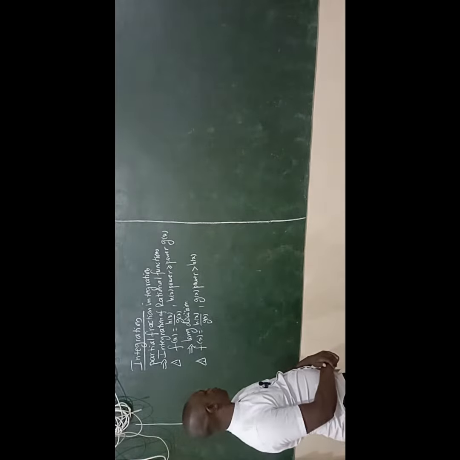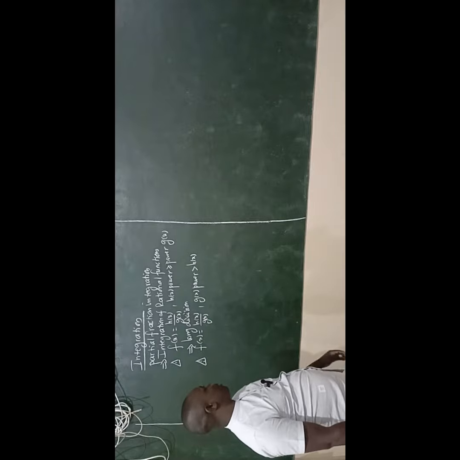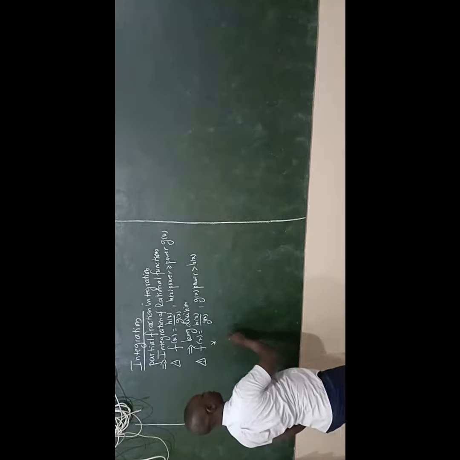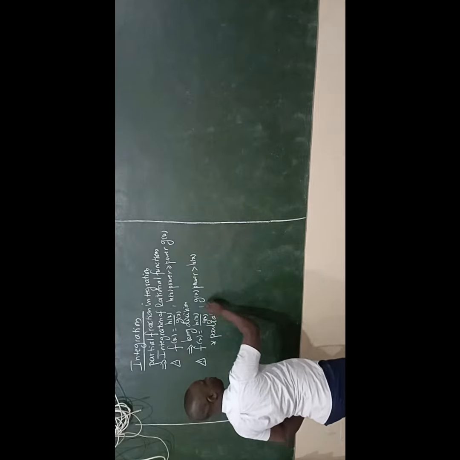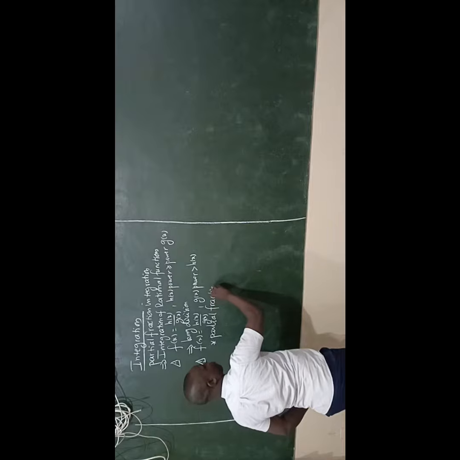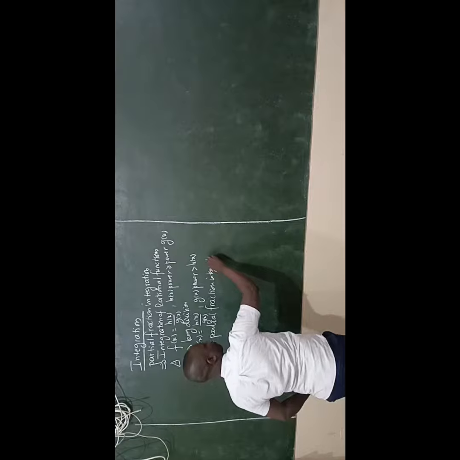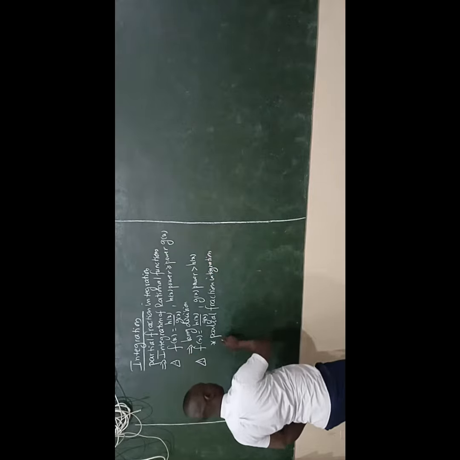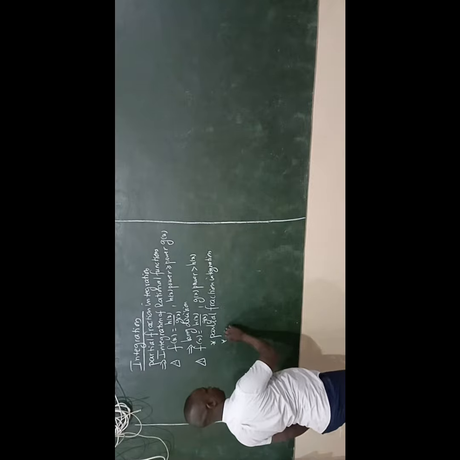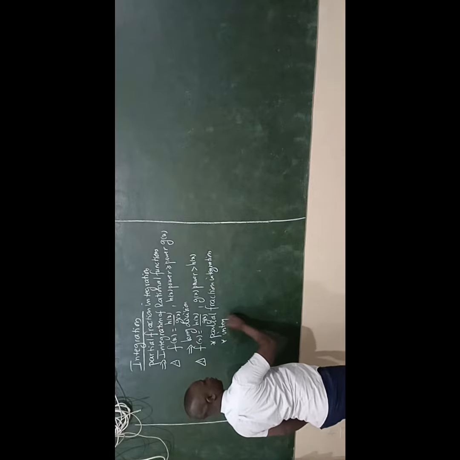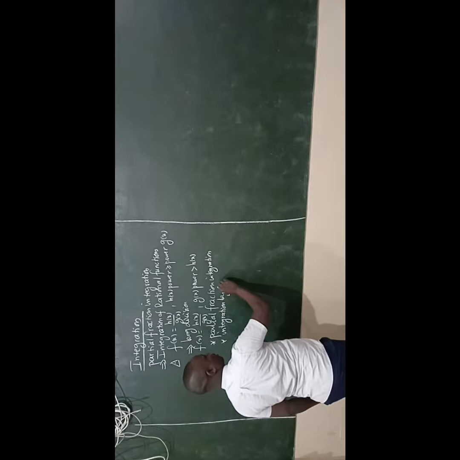One of them is partial fraction integration. The second one is integration by completing the squares.